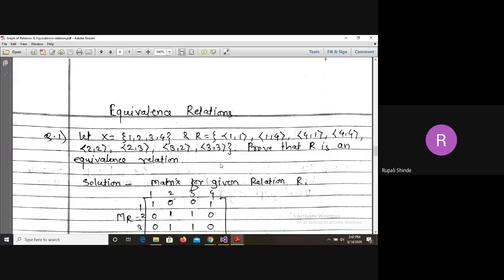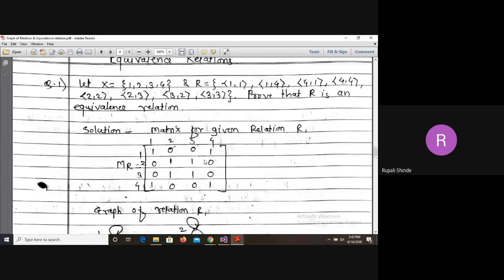And for transitive, yes, transitive also. So it is satisfying reflexive, symmetric and transitive properties. So we can say that this relation R is an equivalence relation.